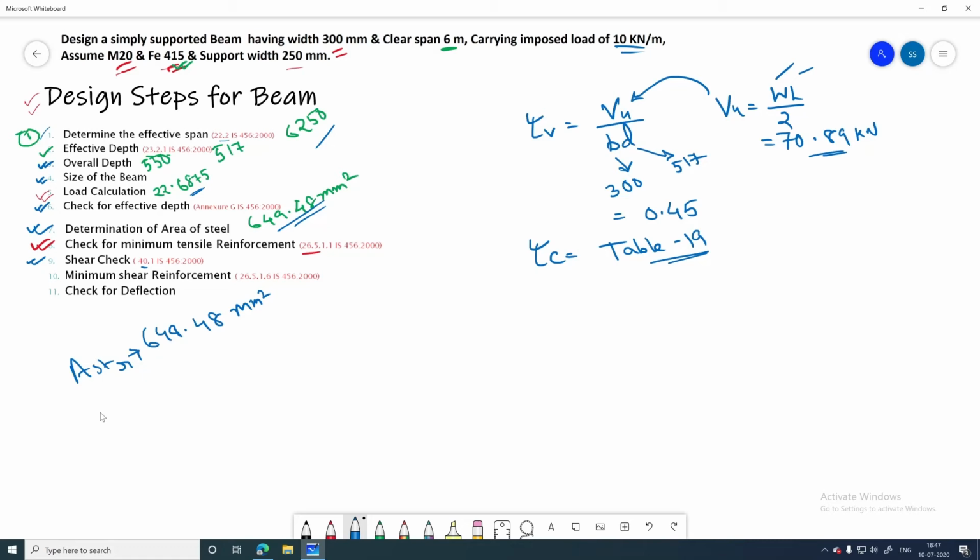Now we have not determined the Ast provided, so we need to determine it. We are providing 16 mm dia bars.